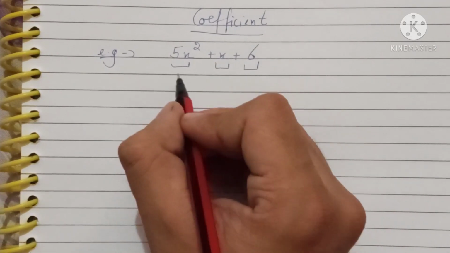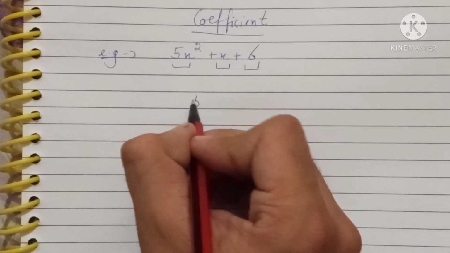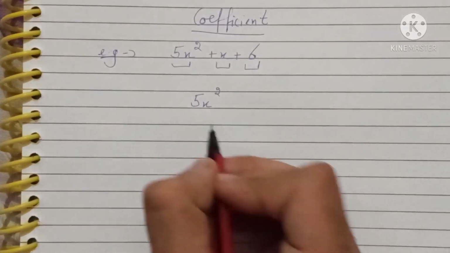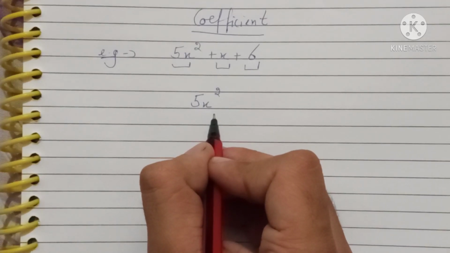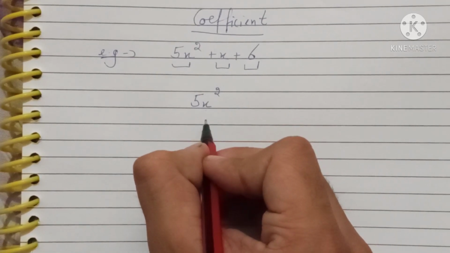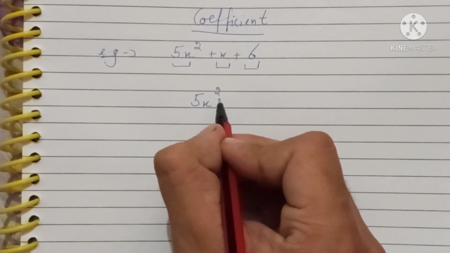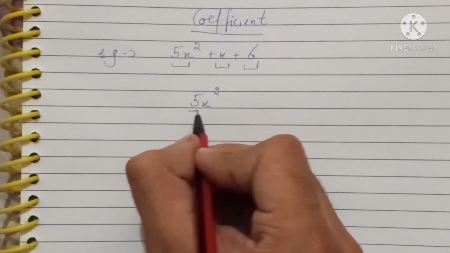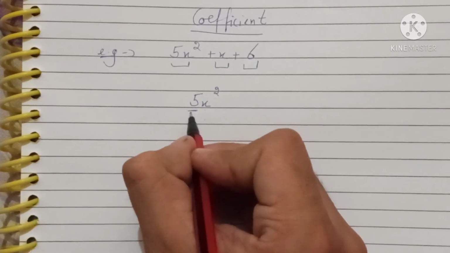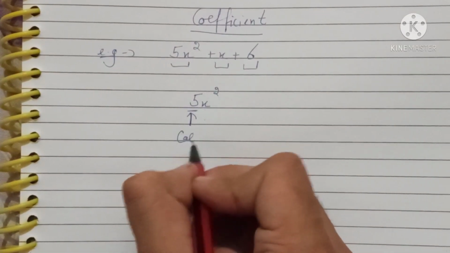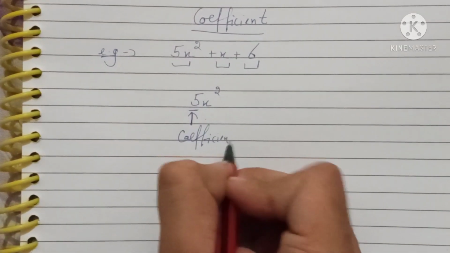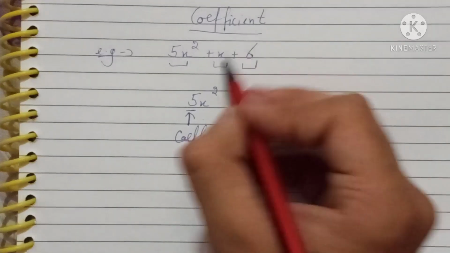Take a term like 5x square, the first term, in which x is the variable and 2 is the power of x. Then 5 is what we call the coefficient. 5 is the coefficient, alright.